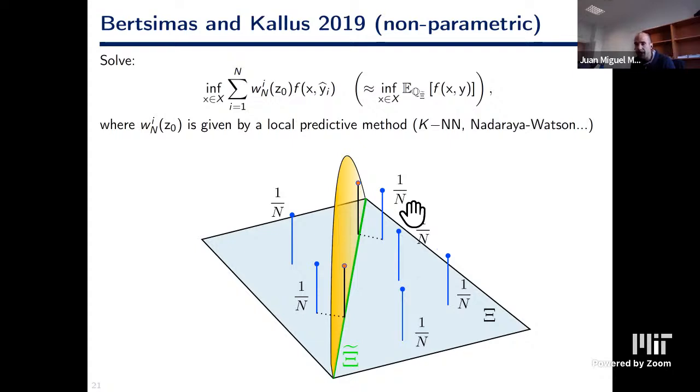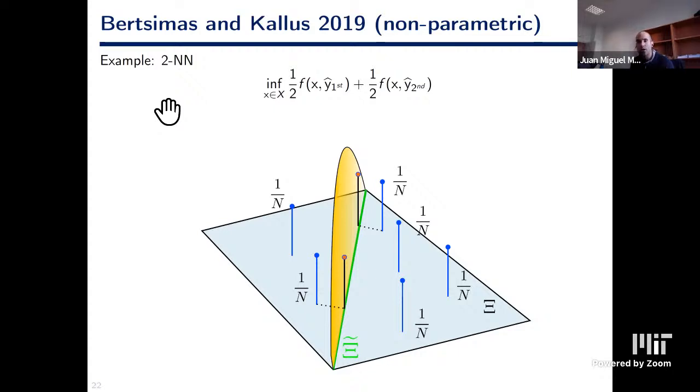Okay, so this is the idea. We use, for example, a KNN or the Nadaraya-Watson kernel regression, and from the joint data sample we take the k nearest neighbors. Here is a more specific example, where we are using the 2 nearest neighbors. Again, the blue points are the joint data sample. We take the 2 data points that are closest to the context. This is the context, the value of set, right?